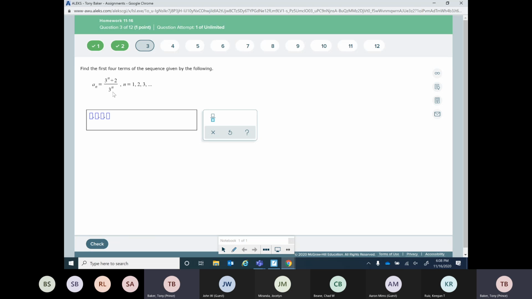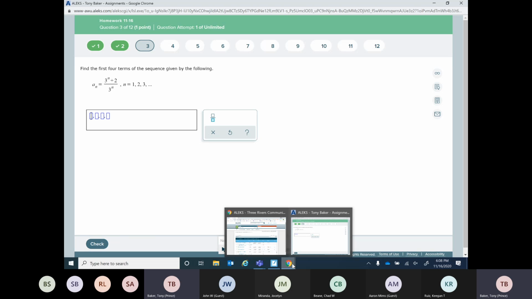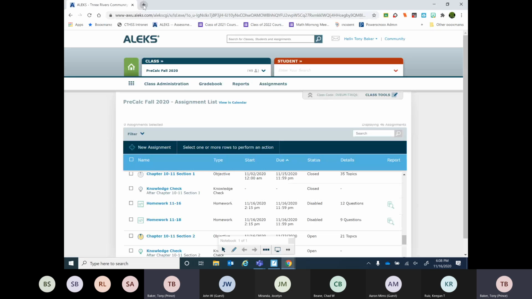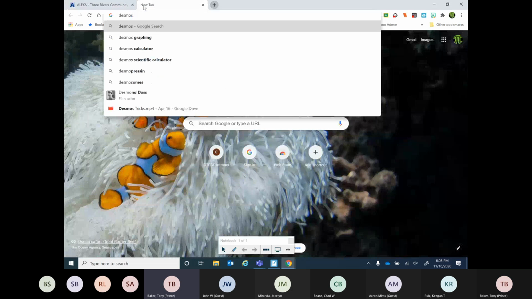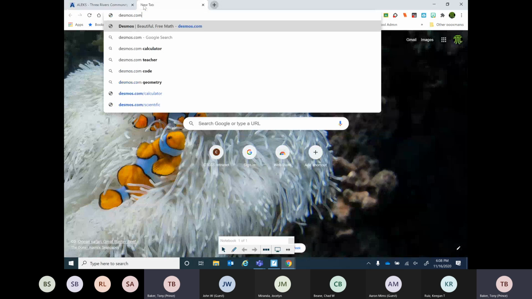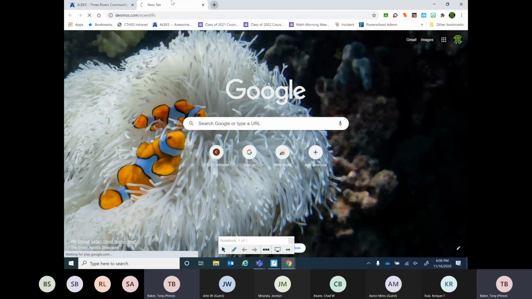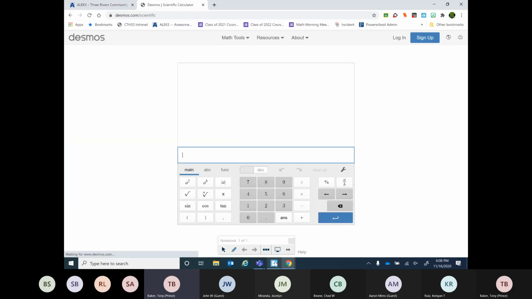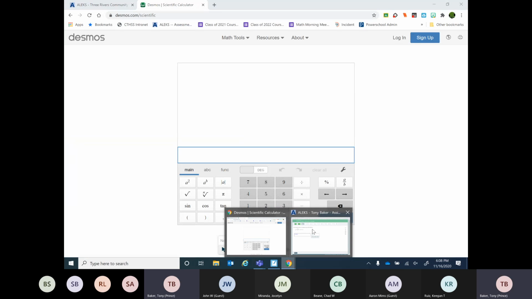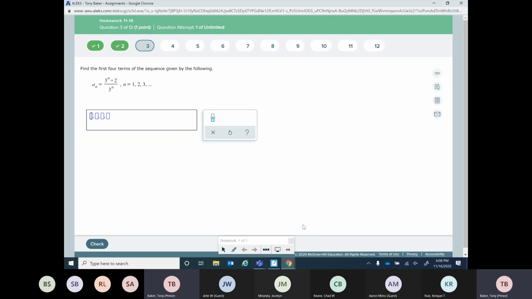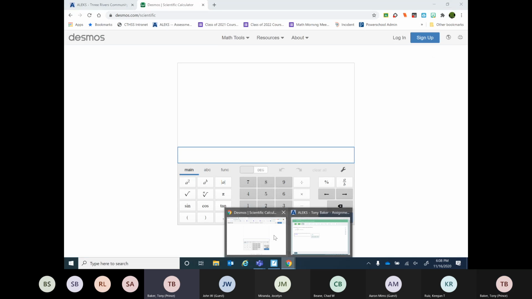This one is another sequence. It's just a little more complicated when you're going through and doing it. If you want, you are more than welcome to use Desmos to do this too. You can use the Desmos scientific calculator. You're just going to type the problem into Desmos.